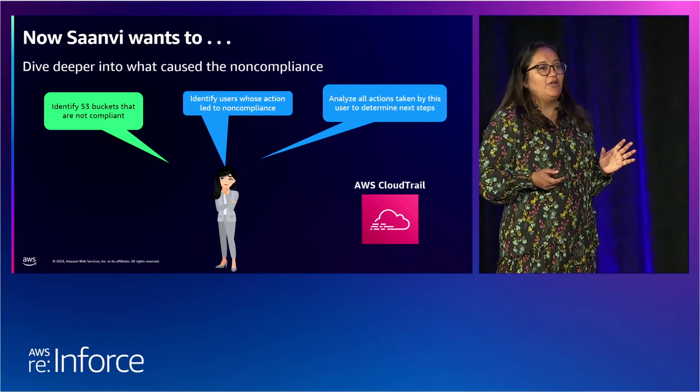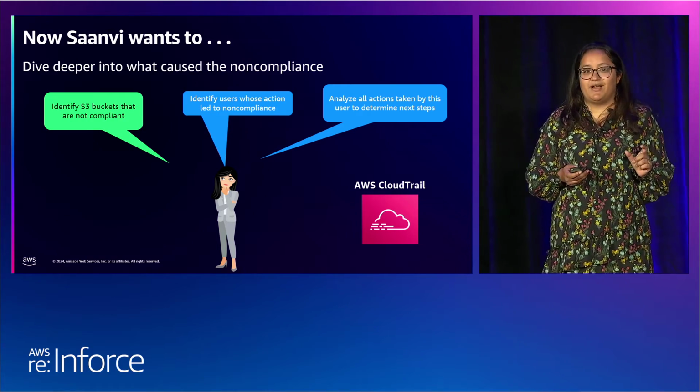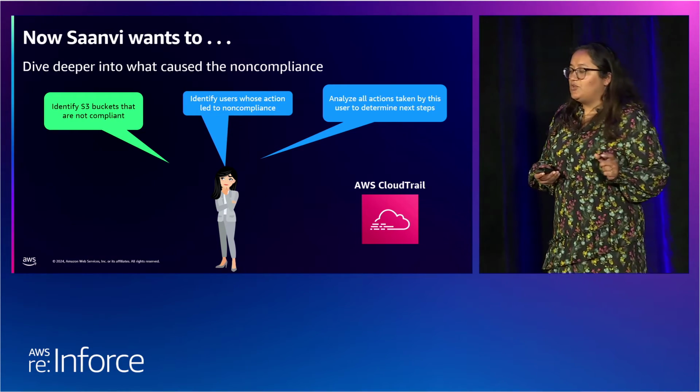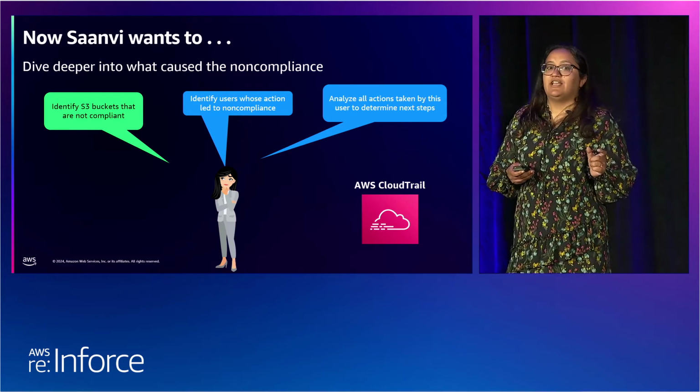All right, so now that Sandi has figured out the resource of interest, she is very curious to know who are the users who have actually taken the action to make this S3 bucket public. And she also wants to know, is it a mistake? Or is it something that she should investigate further?